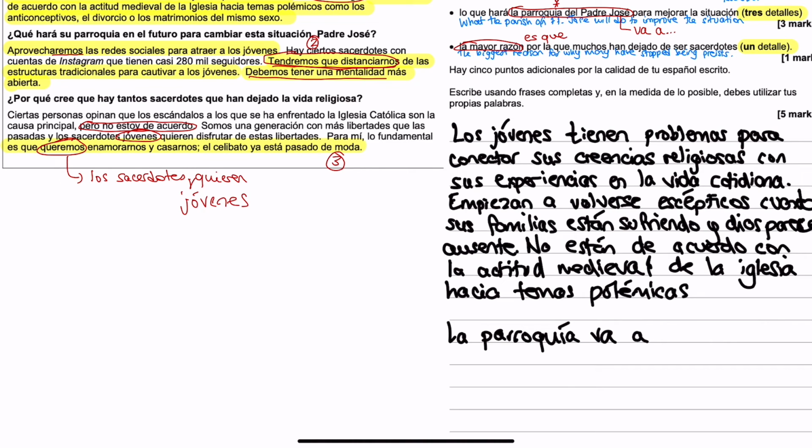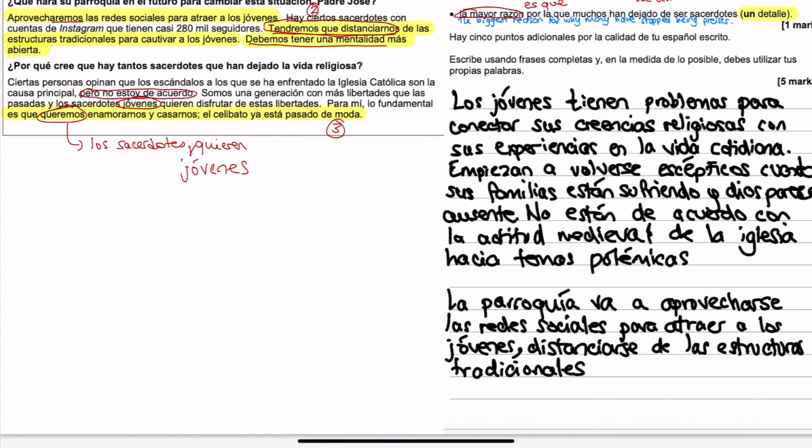We need to change these to the third person singular because we're talking about the parish. And again, we've got "aprovecharnos". We need to change it to he, she, it: "aprovecharse". Happy with that.